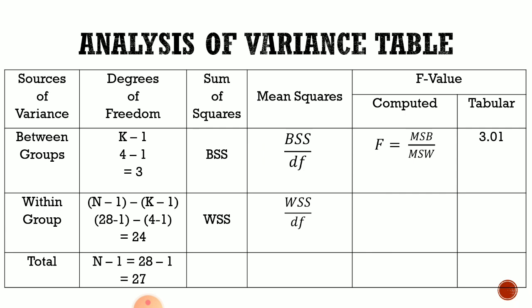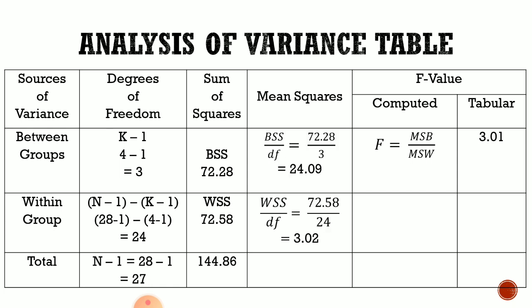Next is the sum of squares. So for the between groups, that is the BSS, which is 72.28. For the within groups, that is the WSS, which is 72.58. And for the total, that is the TSS, or that is 144.86. Next is the mean squares for the between groups.